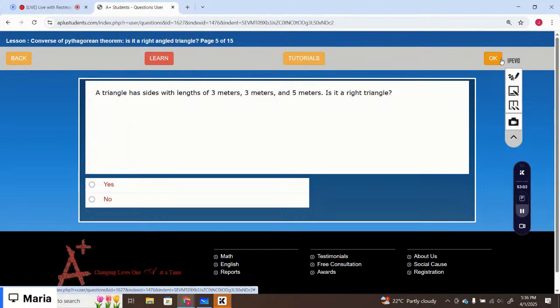Is it a right triangle? No, that is not a right triangle. Option number two is the correct option.